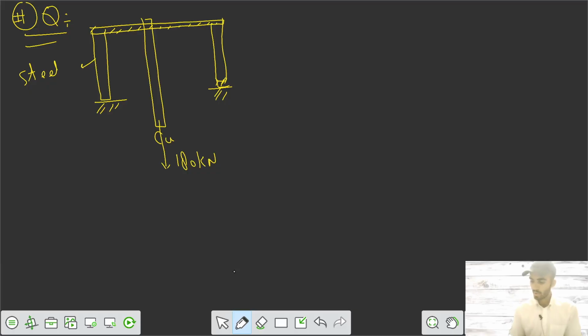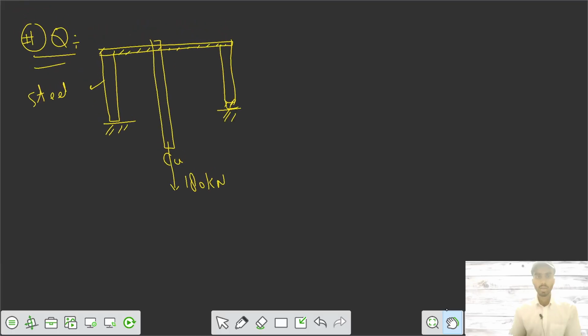Now copper has a length of 2 meter. The length of the copper bar is 2 meter, and for each steel post the height is 0.5 meter. The cross-section area of the steel post is 4500 mm square, and the cross-section area of copper is 4800 mm square.